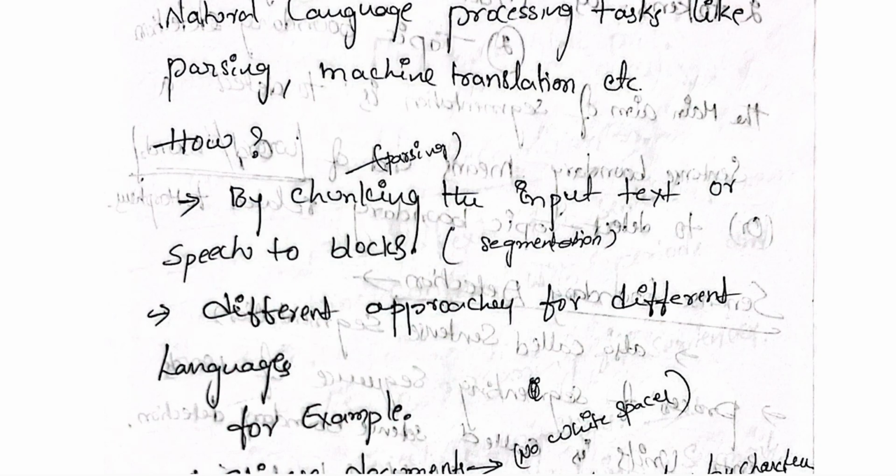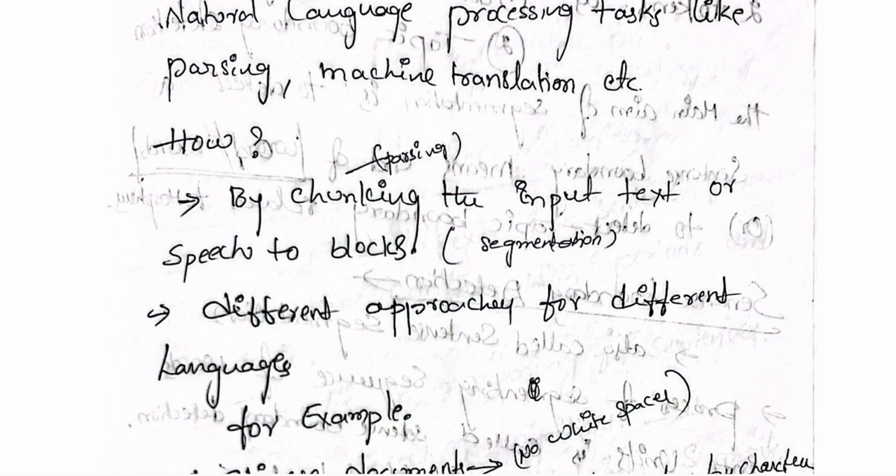We have so many natural languages. For example, in South India we have four natural languages and four states. In Andhra Pradesh or Telangana, the regional language is Telugu.